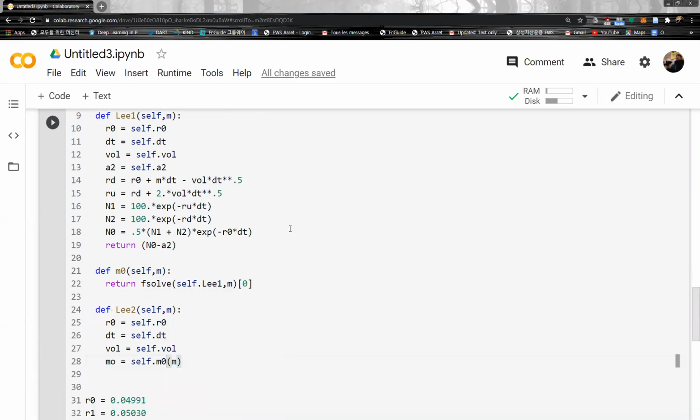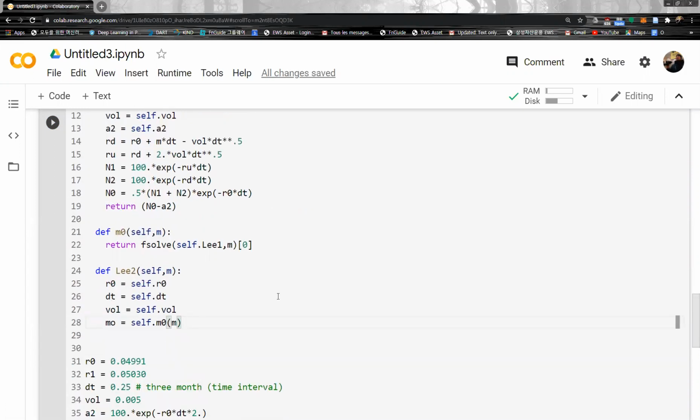Because we want to reuse the previous M. At the first step, we already know the M part, the drift part, and we can only find the second part of the drift term.